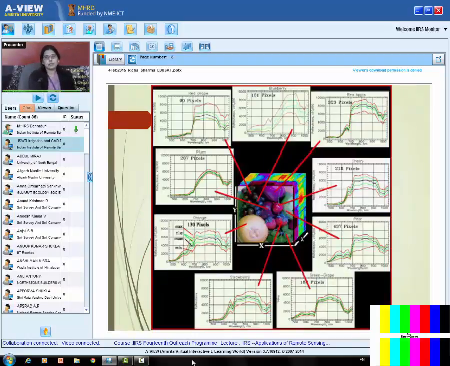Now you can see in this example, this is the photograph or hyperspectral image of different fruits. If we generate the spectrum of any pixel of this area, say this orange pixel, it will give us a spectrum like this, as a result of the reading of this pixel in the Z direction across all the bands available in this data.